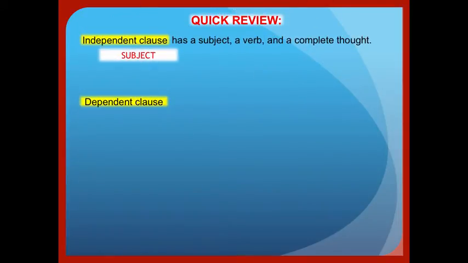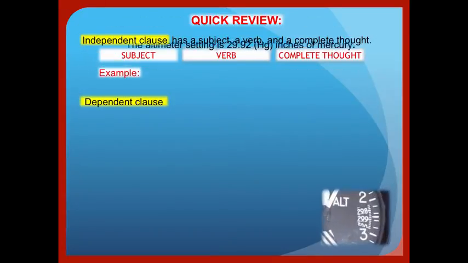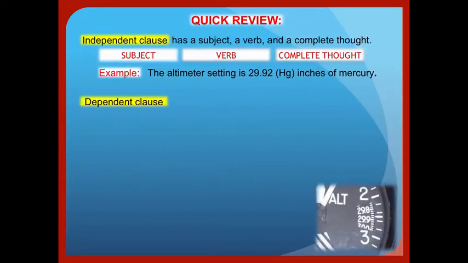There are 2 types of clauses, independent and dependent. An independent clause has a subject, a verb, and a complete thought. For example, the altimeter setting is 29.92 inches of mercury. The dominant sequence of elements is S, V, O. The subject, S, is the word setting.